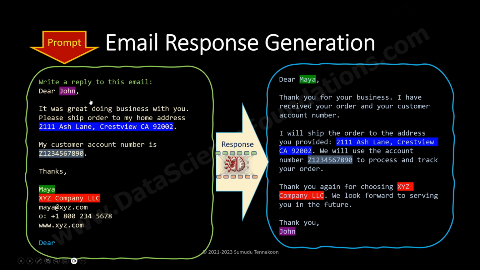But this has one problem we discussed in the previous video as well. It did not identify the company context correctly. Maya was from XYZ Company LLC, but the generated response thanks them for choosing XYZ Company LLC, which is the customer's own company. So that is not correct, right?